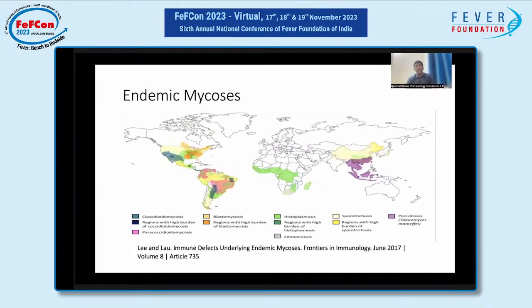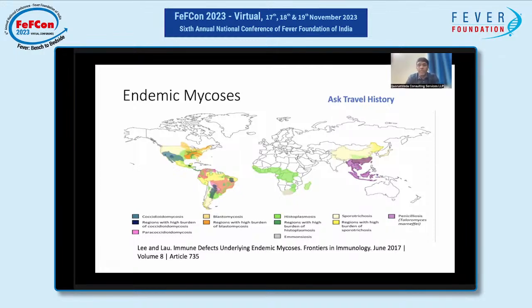There are different types of endemic fungi: histoplasmosis, blastomycosis, coccidioidomycosis, paracoccidioidomycosis, penicilliosis. Everything depends on the region. Certain regions are affected. It's always important to take a travel history. Which part of America you travelled, which part of India, which part of Africa or Latin America, which part of North Asia, Eastern Asia.